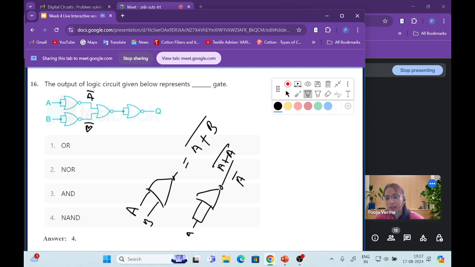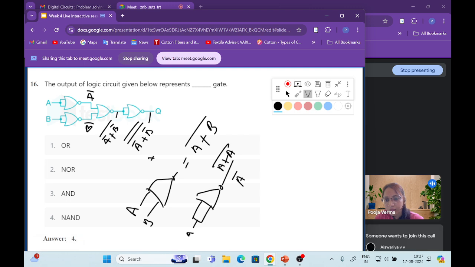Now if we add these two, here we will get (A bar plus B bar) whole bar, right? And again these two are the inputs of another NOR gate. So here we will get ((A bar plus B bar) whole bar) whole bar, and these two bars will be cancelled out.